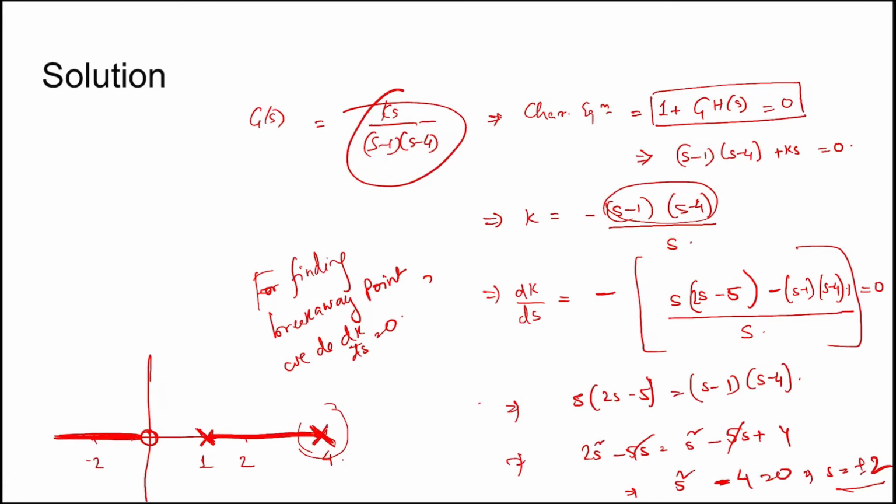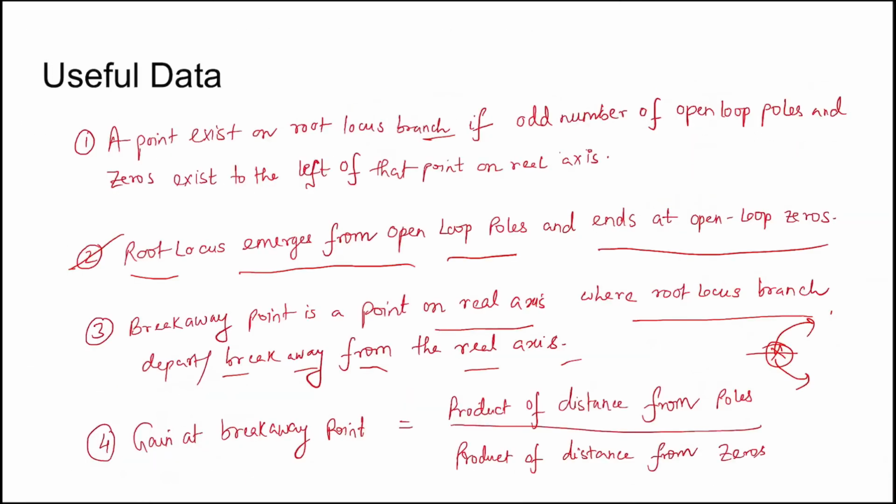Now root locus emerges from the open loop poles, breaks away at this point, and here it will break in, and from the pole it will march to the zero here, and another zero is at infinity. So like this will be the root locus. So +2 is the breakaway point.